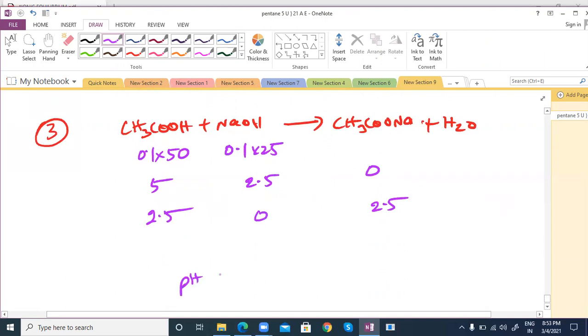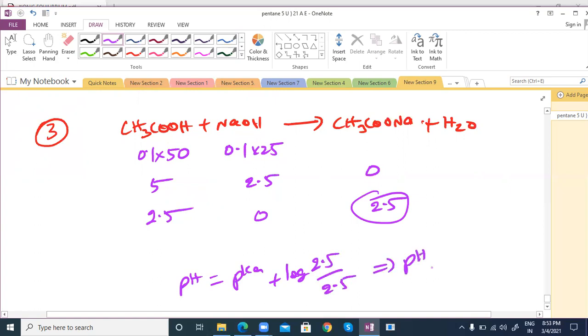Now pH equals pKa plus log of salt by acid. Salt is 2.5 and acid is 2.5. Now here pH equals pKa, which is nothing but 4.74.